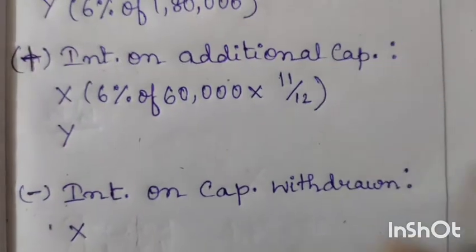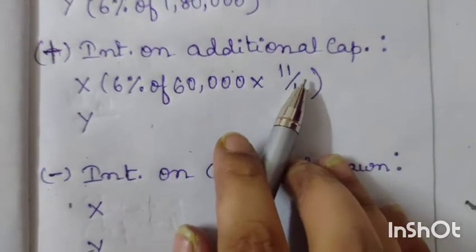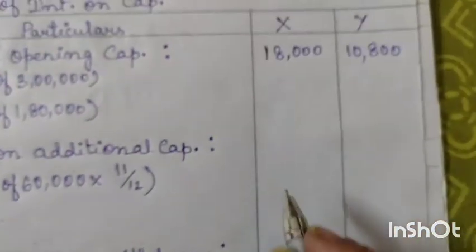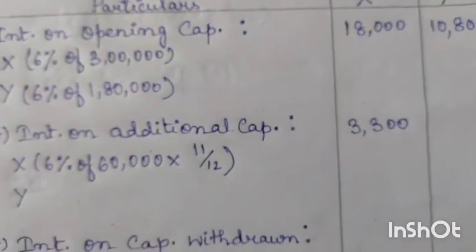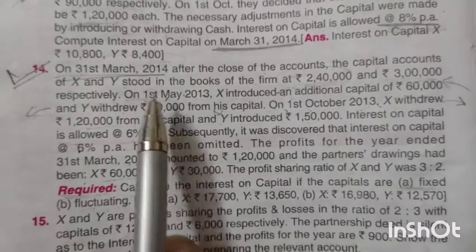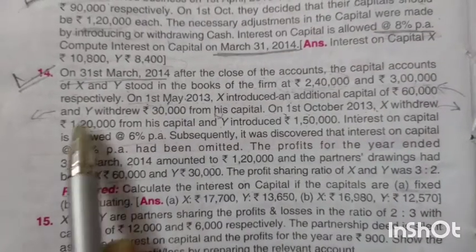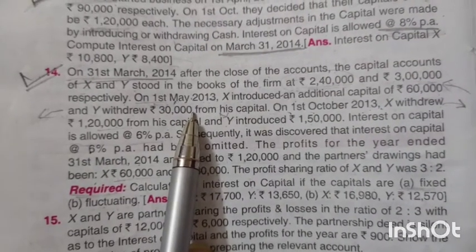So we can write here 11 by 12. Okay, see here 11 by 12. And if we do the calculation, we will get 3,300. Okay. Now on the same date, Y has withdrawn 30,000.